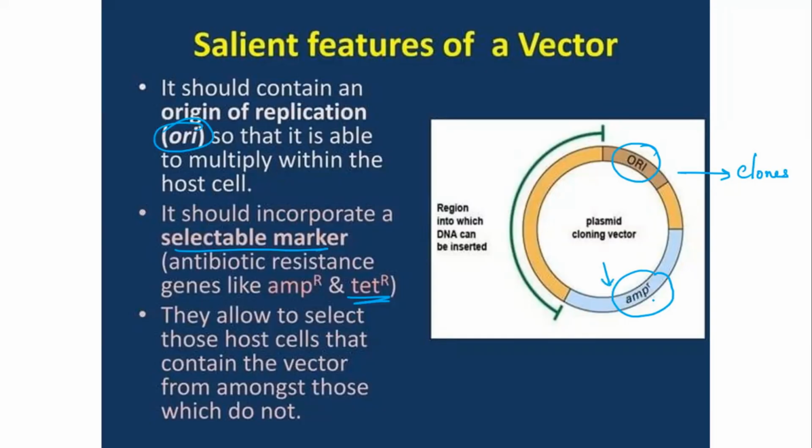If the bacteria has the ampicillin resistance gene, it can survive in a medium containing the antibiotic, and we can identify whether it is a host organism carrying the recombinant DNA or not. So we need a marker gene as well. It allows us to select the host cells that contain the vector from among those which do not.